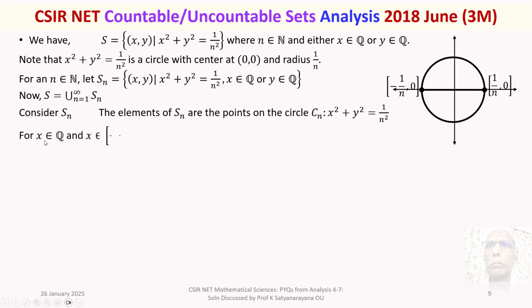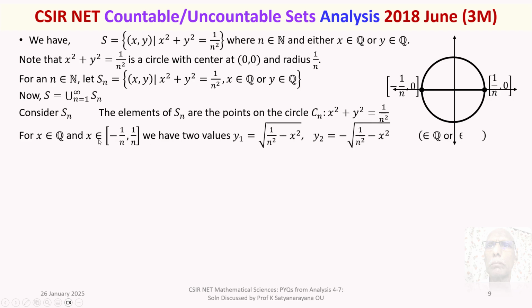Now for x belongs to Q and x belongs to the closed interval minus 1 by n to plus 1 by n, that means all those rational numbers on this diameter. So x is an element on this diameter, that is, x belongs to Q, a rational number in this closed interval. We have two values.